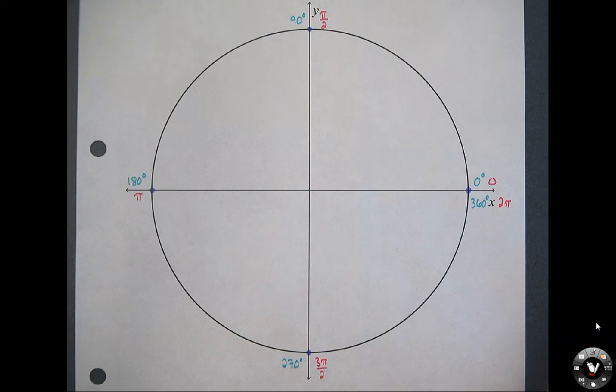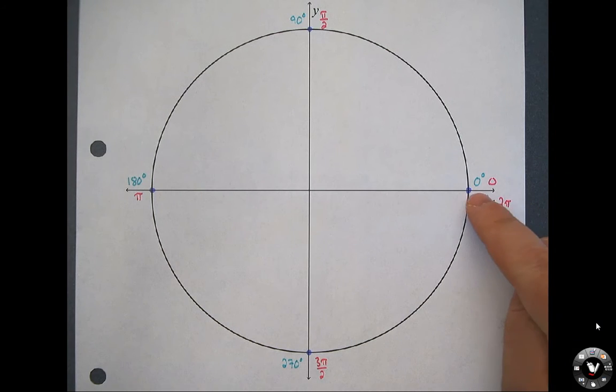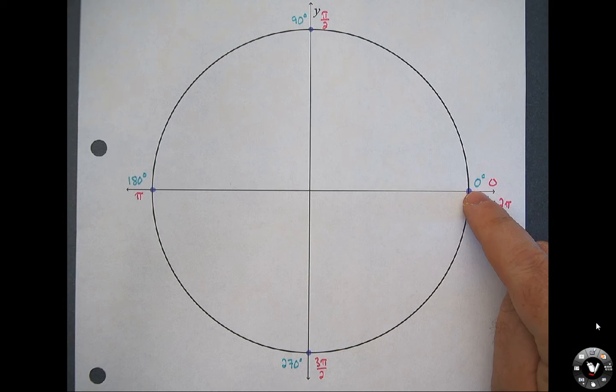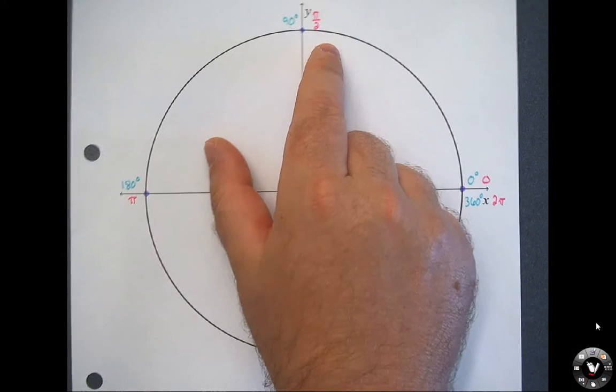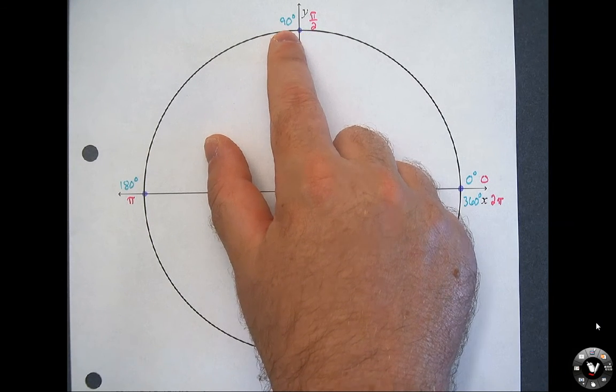So let's practice counting around a certain number of radians. Let's go with 11 pi over 2. All right, so this is 0. I always start at 0 radians, 0 degrees. Now I'm counting 11 pi over 2s. That means I'm counting 11 gaps of pi over 2, or you can think of that as 11 gaps of 90.